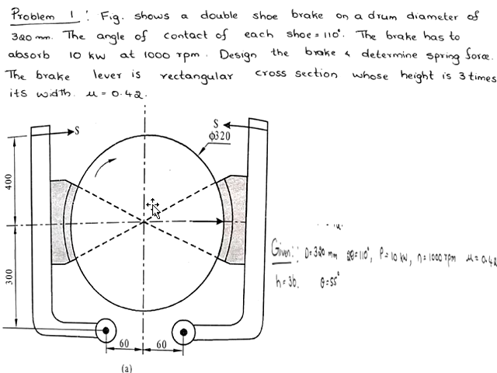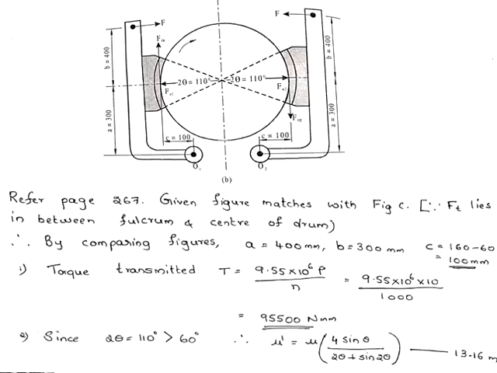Now refer to page number 267. Depending on the position of Ft, identify whether this given diagram matches with figure A or figure B or figure C in the data handbook. So when you compare this diagram with the diagrams on page number 267, the direction of Ft will be acting in between shoe and drum, and the direction of Ft will be in the direction of rotation.